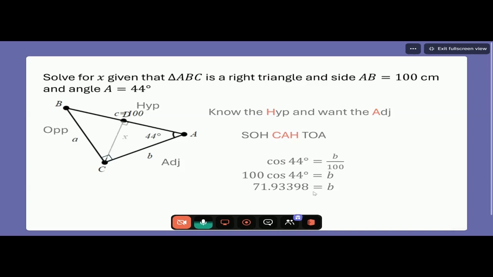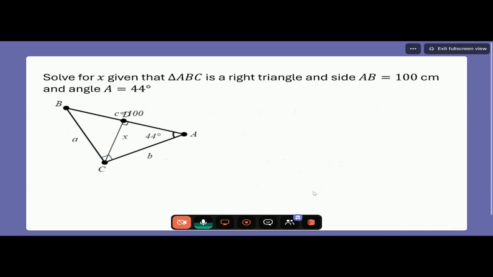Let's go back to our original diagram, except now we know some more information. We know that B is equal to 71.93398. Okay, so let's erase the left-hand triangle now and just work with this right-hand triangle, because we now have enough information. We have an angle and a side. Let's label it up. There's the right angle.